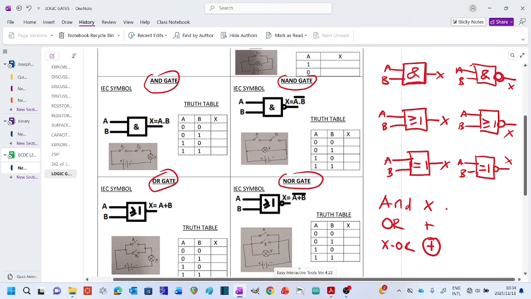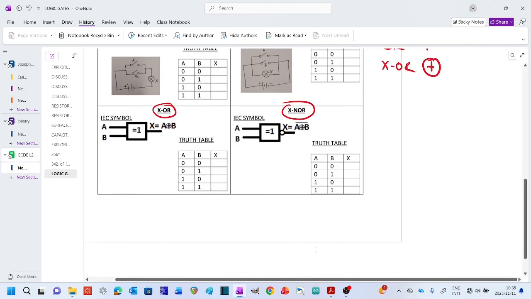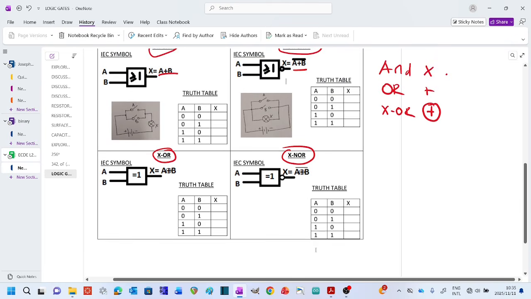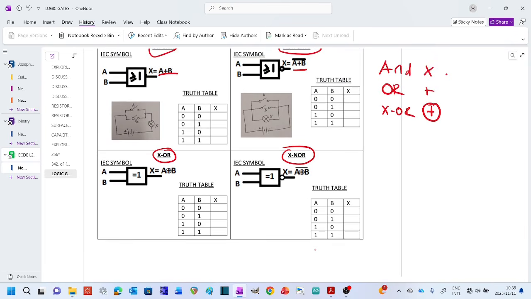Same thing with the OR gate: you're going to have this expression plus, which you read X is equal to A or B. And for NOR, you read A or B with a bar on top. Same thing with the XOR, which is A exclusive B, and then A exclusive B with a bar. So that's how it is.